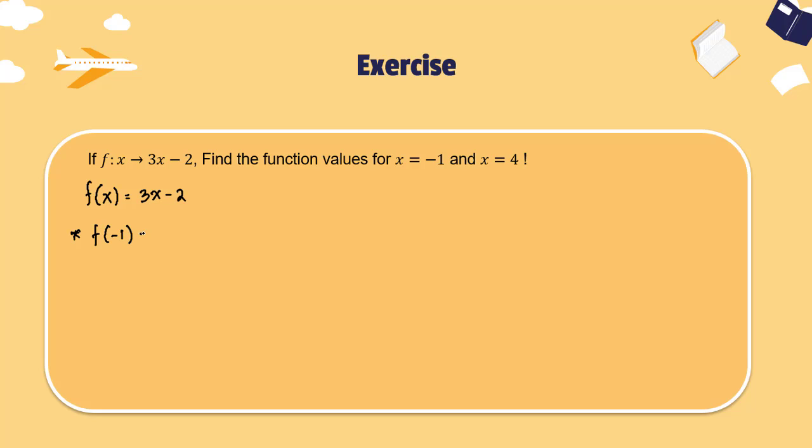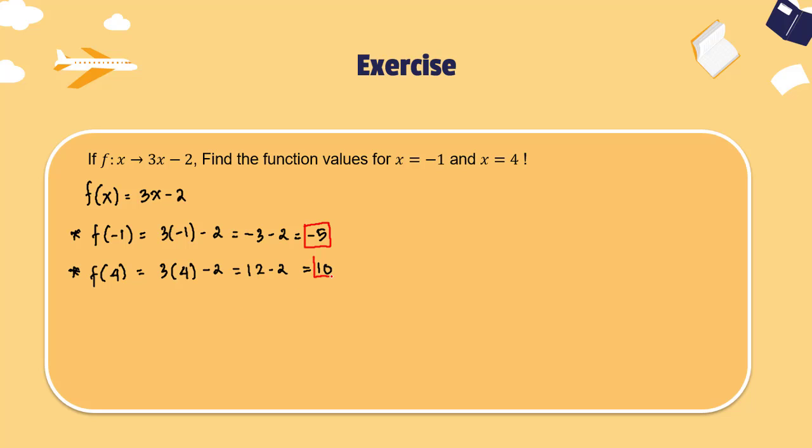So first, for f(minus 1), 3 times minus 1 minus 2 is equal to minus 3 minus 2 is equal to minus 5.